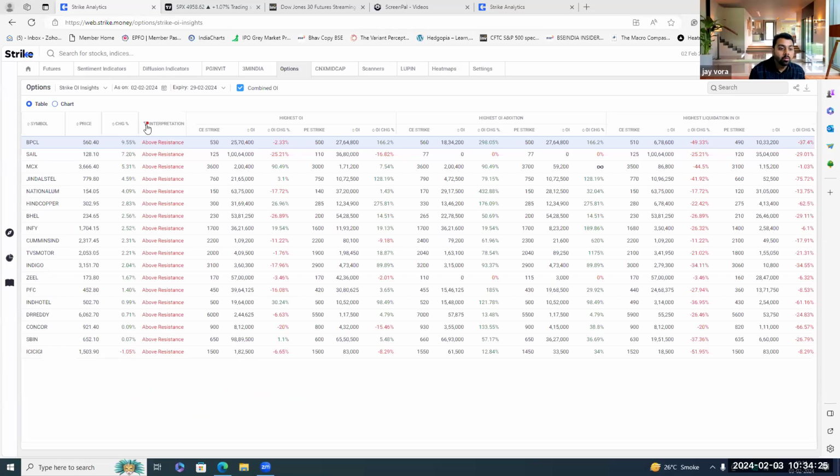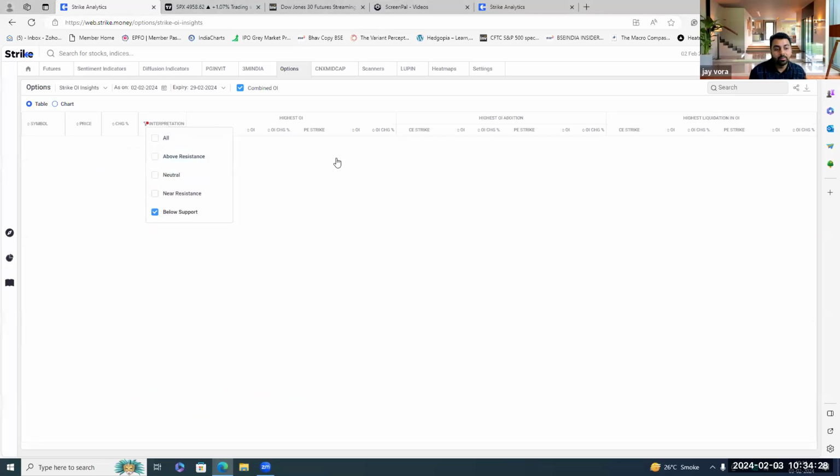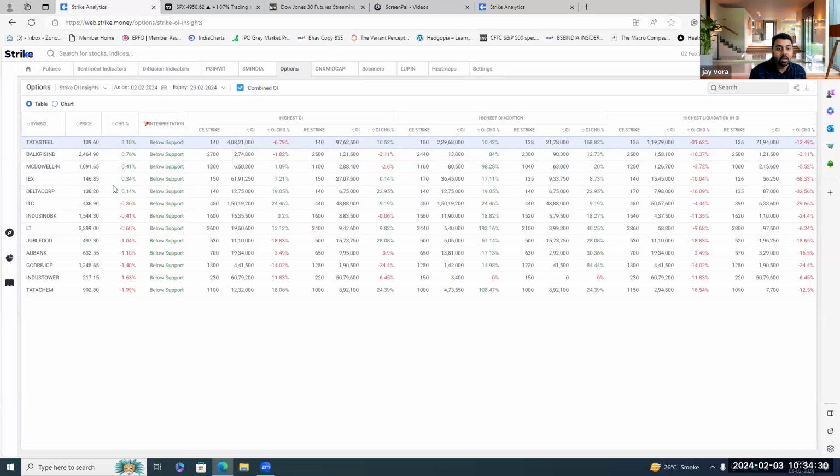Similarly, now let's look at the other way around, where the prices are below the support level. In the case of ITC, the price is below the support level, but yet the open interest is higher.